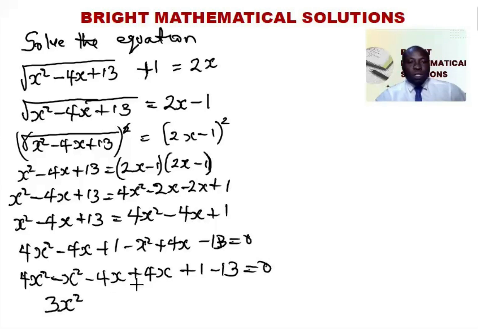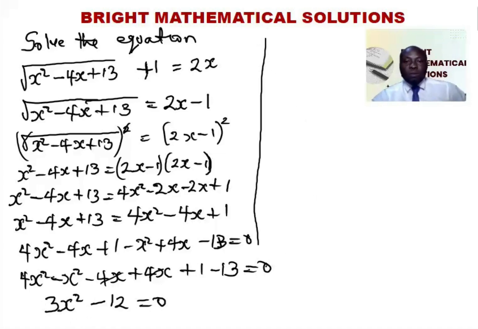Minus 4x plus 4x will be cancelled out. 1 minus 13, that gives us minus 12 equals 0. Divide this entire expression by 3, the coefficient of x squared, such that we have a more simple quadratic equation that we can solve.